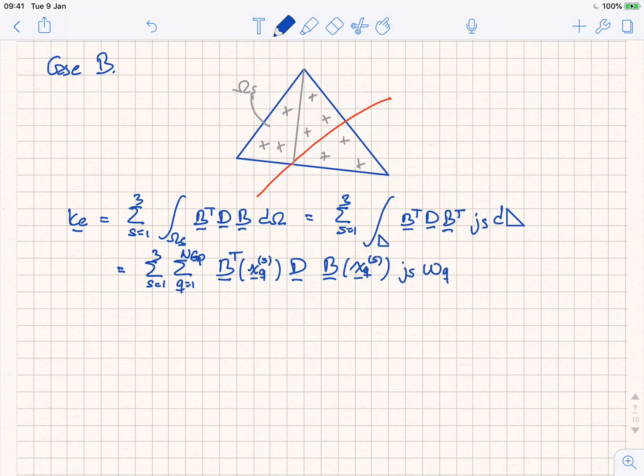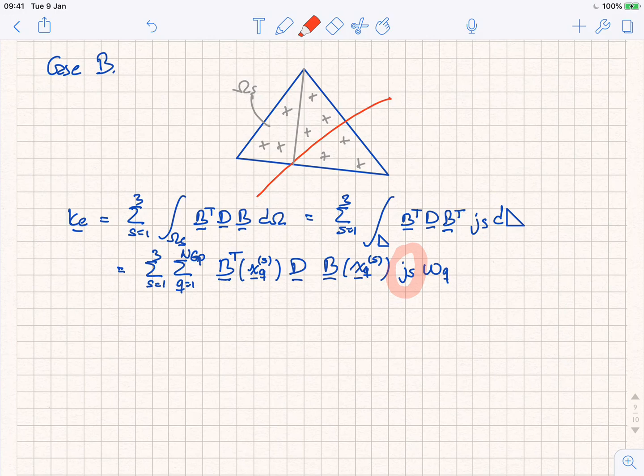So before we go there, I want to talk a little bit about this. You see that integration now becomes much more complicated than before, because on the one hand, we are integrating over subdomains. So this Jacobian that we have here corresponds to what triangle? It has subscript S, so it has 3 different values.